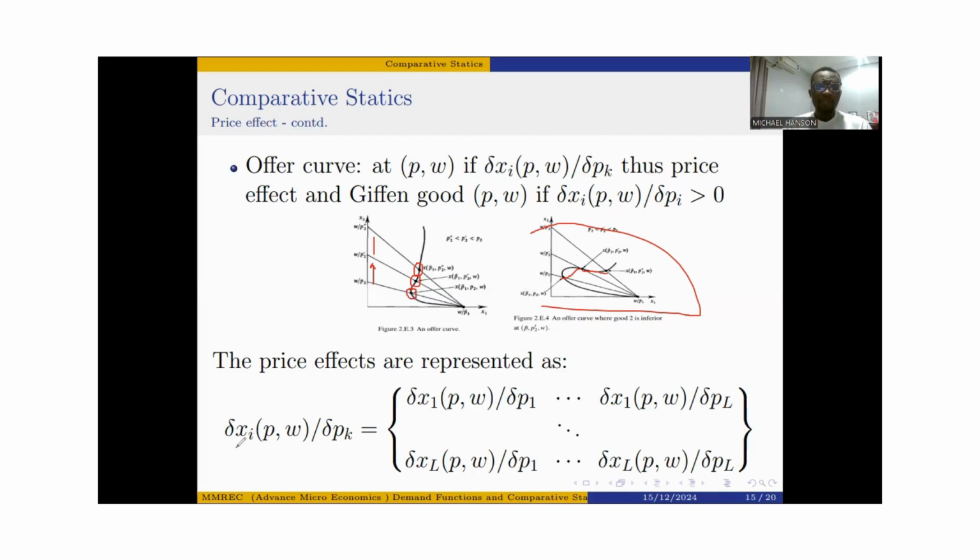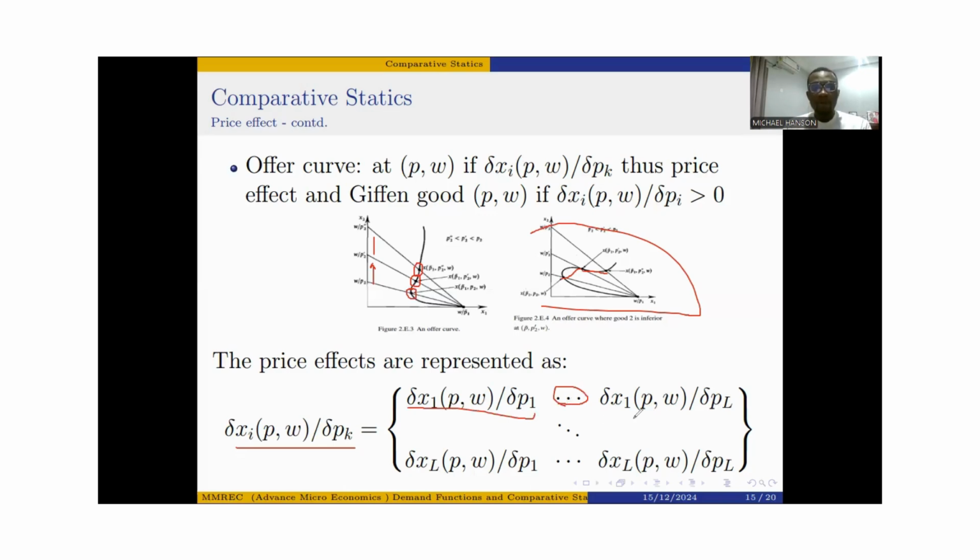So with all the price effects, we can see it from here. We differentiate the demand function with respect to the prices. The first commodity 1, differentiated with respect to price 1, gives the own price elasticity. You can differentiate commodity 1 with respect to price 2, and that gives the cross price elasticity.